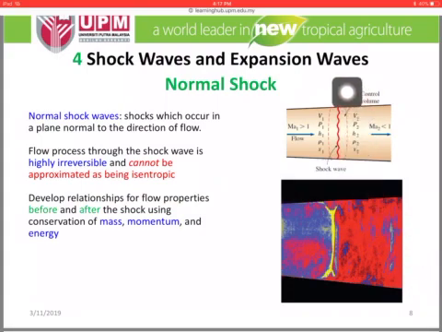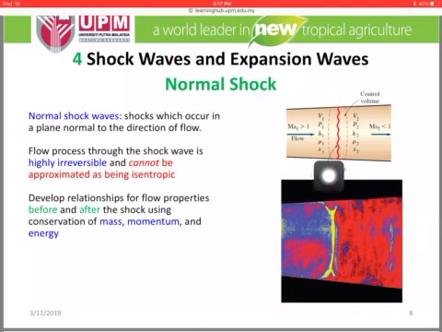If you look here, the red wave is the shock wave, where it's perpendicular to the flow. So what happens when shock wave appears?